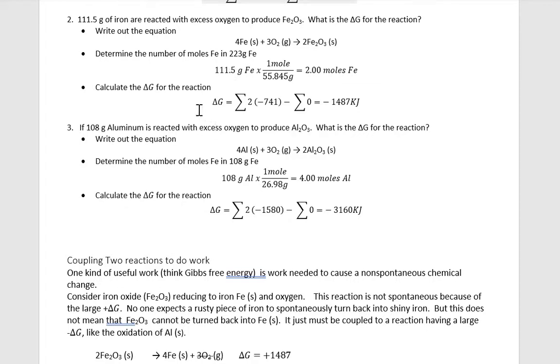So I'm going to plug that value, that 2, into here. And so here my delta G for this reaction is going to be 2 times, and then I'm just going to look up my iron oxide value, because both the iron and the oxygen are going to have 0 values. So let's look on our chart and see if we can find an iron oxide value and the delta G for it.